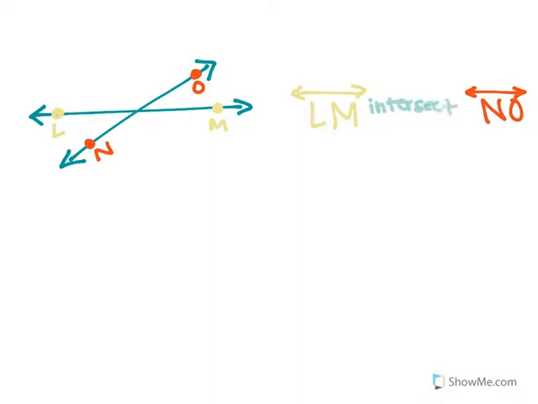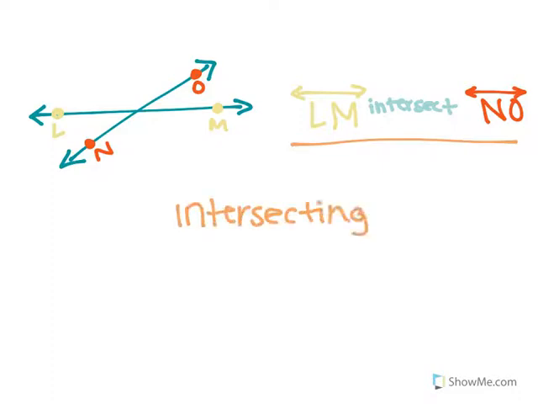I actually have to write them out. For now, I don't care if you don't know how to write it out. As long as you can tell me that it's intersecting lines, I am good with it.